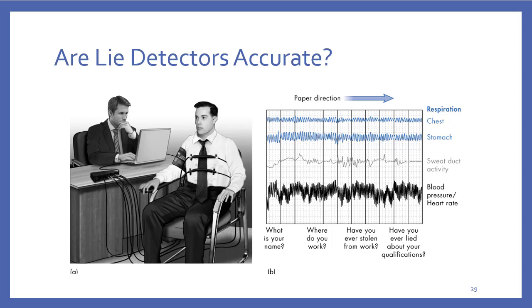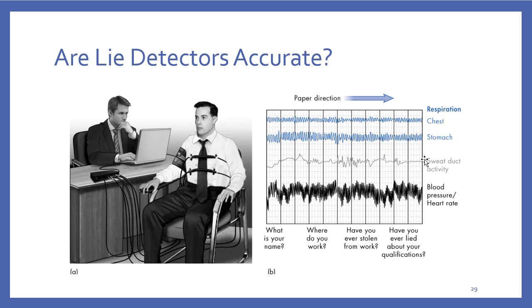You also have blood pressure and heart rate, which can fluctuate based on what you're being asked. If you're asked a hard question, or a question about something you did that you feel was wrong, your blood pressure and heart rate might go up. Across the bottom, you have the different questions that were asked. Again, this is fictitious. It's not inaccurate compared to what you might see, but this is made-up data.